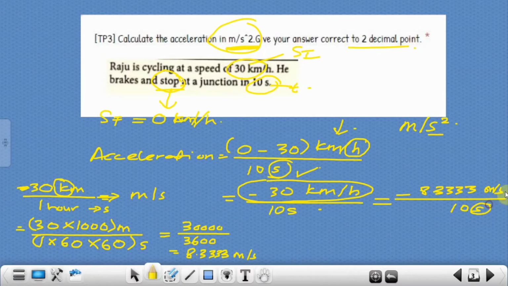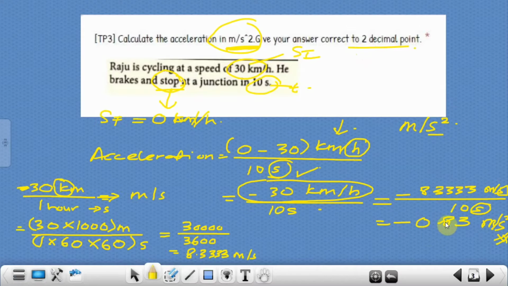Now the units are the same, so we can simply divide it. 0.83. Because the answer needs to be written in 2 decimal points, it is 0.83 meter per second square. Don't forget the square.